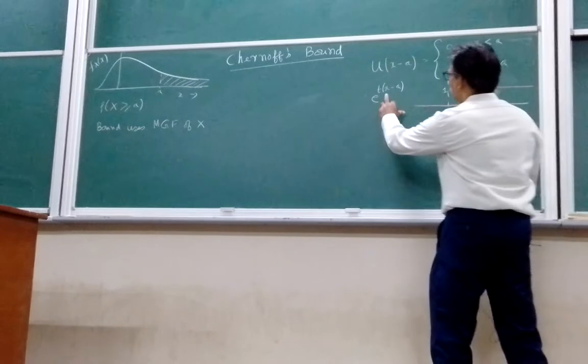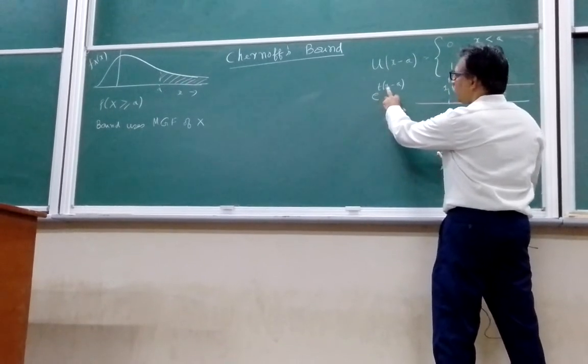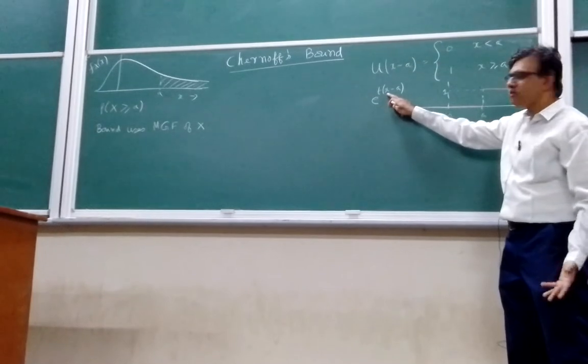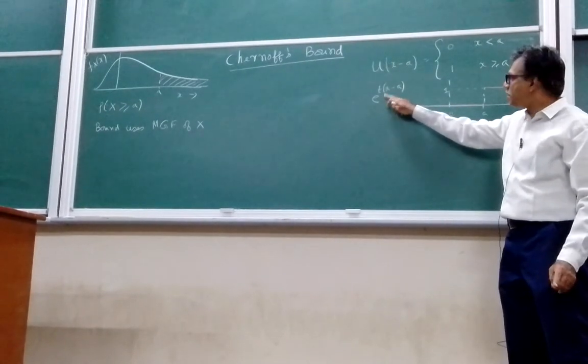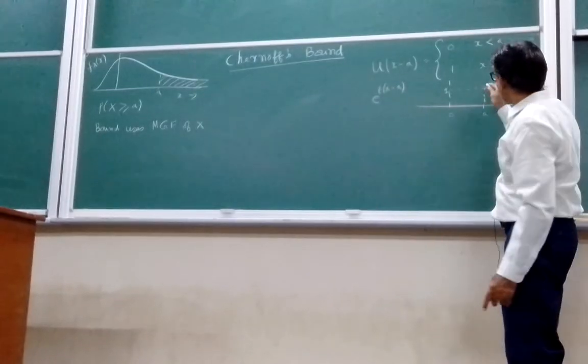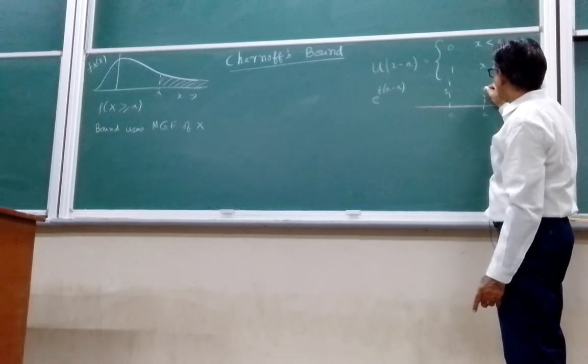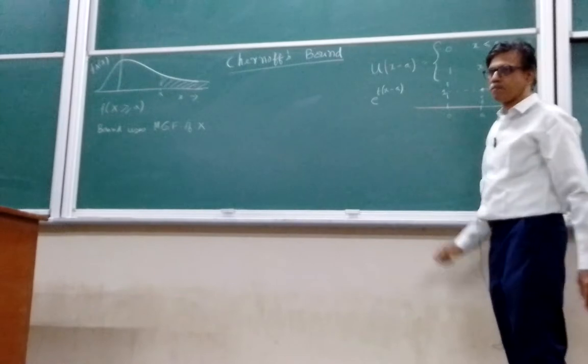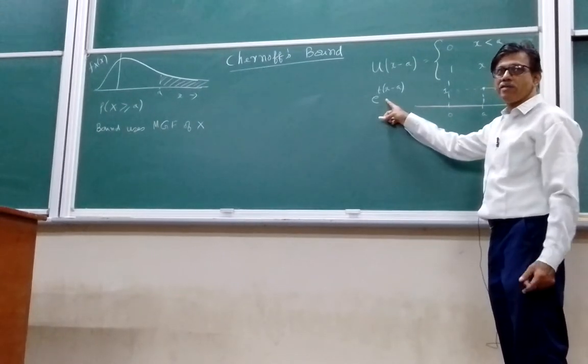If you look at this function, when x is equal to a, then this is e power of 0, which is 1. So this function will go through this point, and it is an increasing function.